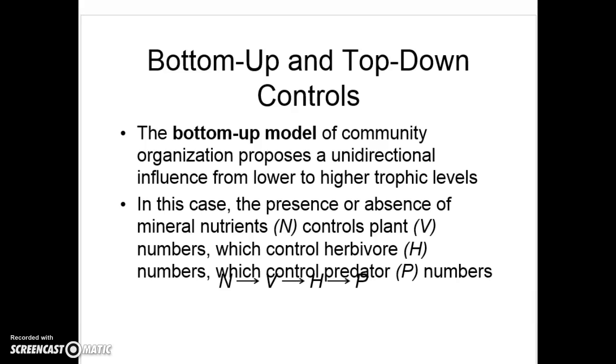So in this case, the presence or absence of mineral nutrients as an abiotic factor can control the plant numbers, which then will control the herbivore numbers, which will then control the predator numbers.